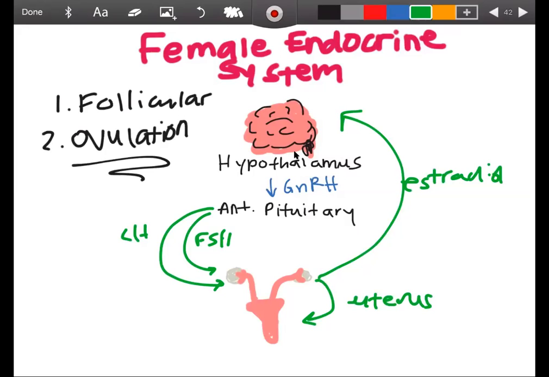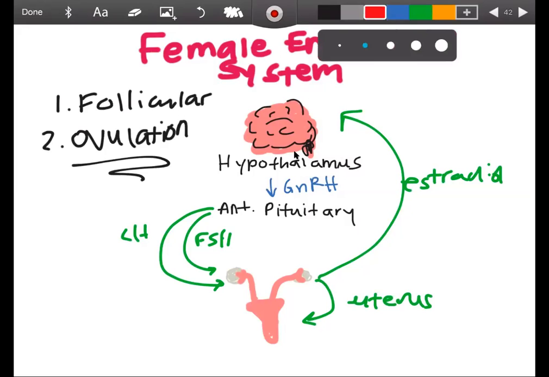And then lastly, in the luteal phase, this is when the LH stimulates growth of the corpus luteum, which forms follicular tissue left behind after ovulation.